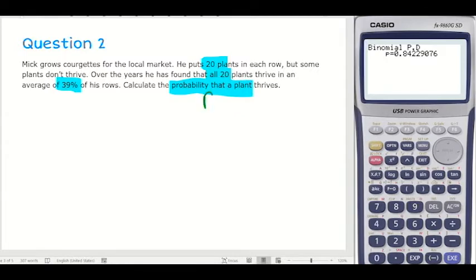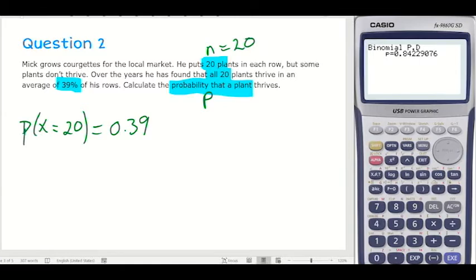So that's saying we want to find that little p. Here we've got number of plants in a row is 20, and the probability that all 20 plants thrive is 0.39.